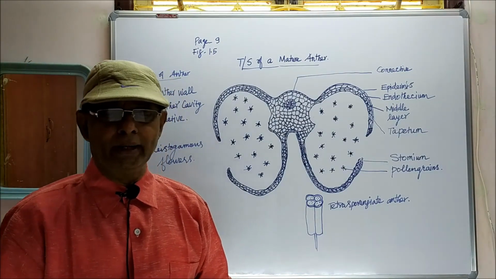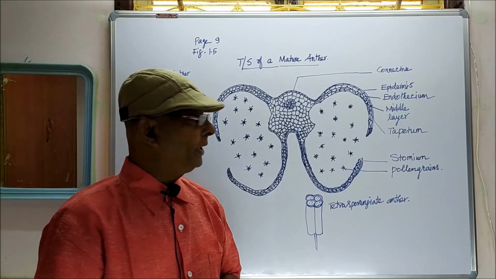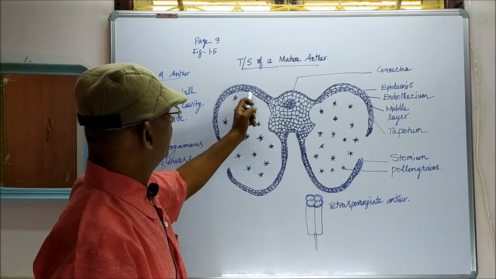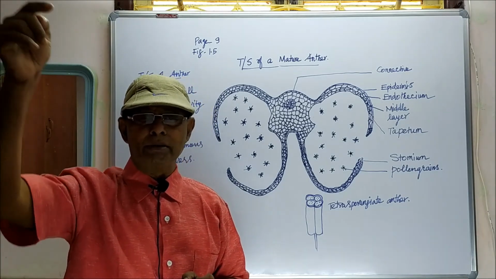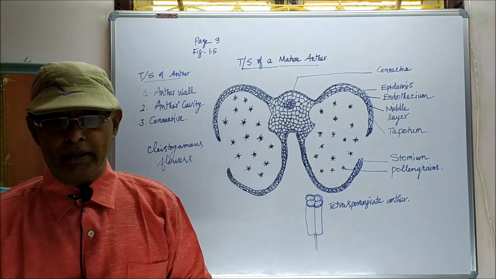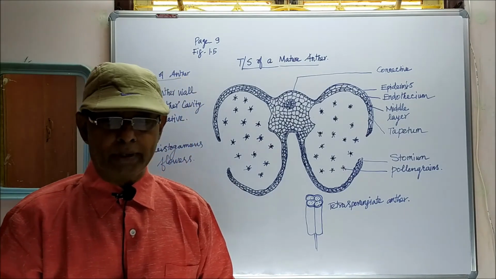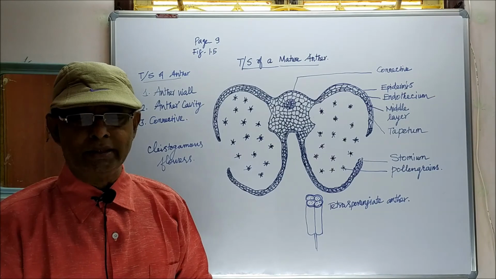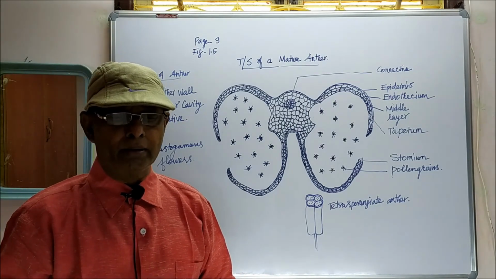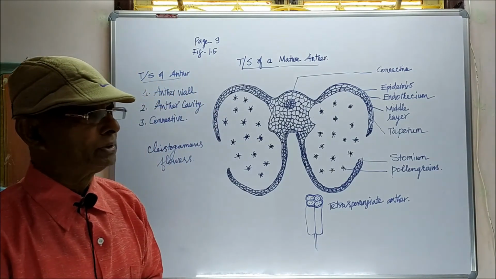The fourth one is the tapetum. The tapetum is the innermost layer of the anther wall. The outermost one is the epidermis, but the innermost one is the tapetum. It is at maximum development at the tetrad stage of microsporogenesis.